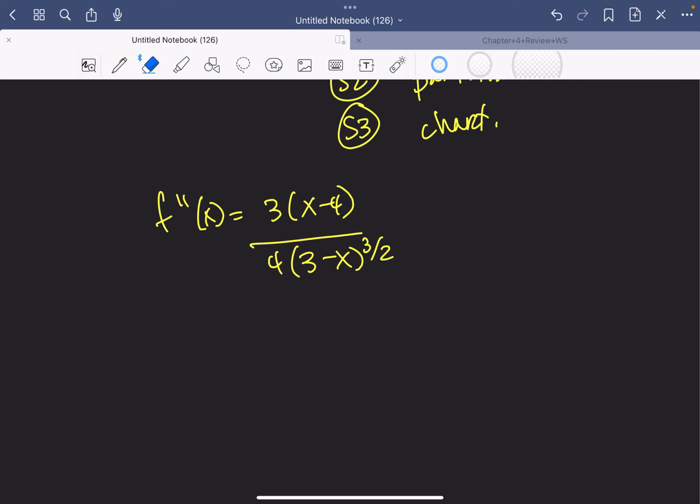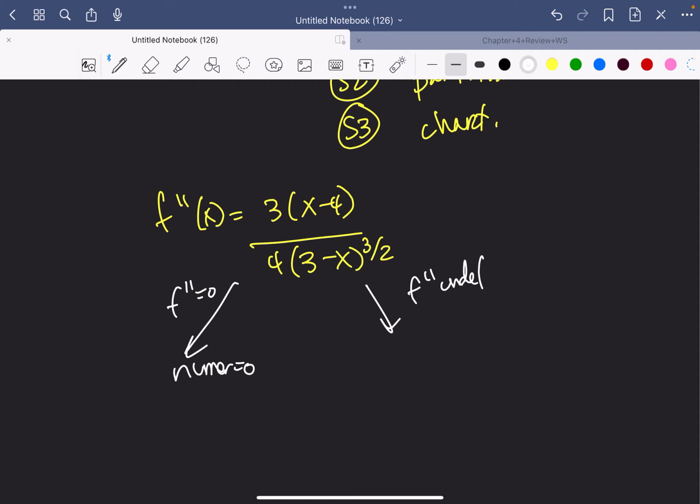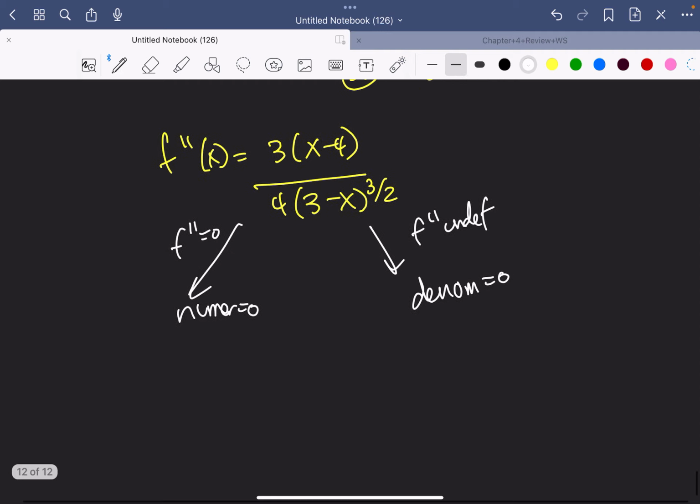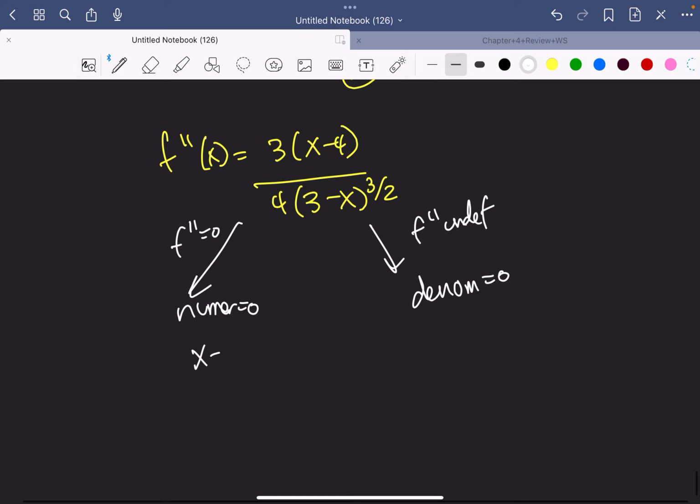We know that the second derivative is equal to 0 where the numerator is equal to 0. The second derivative is undefined where the denominator is equal to 0. Numerator equal to 0, I think you should be able to see, is x is equal to 4.